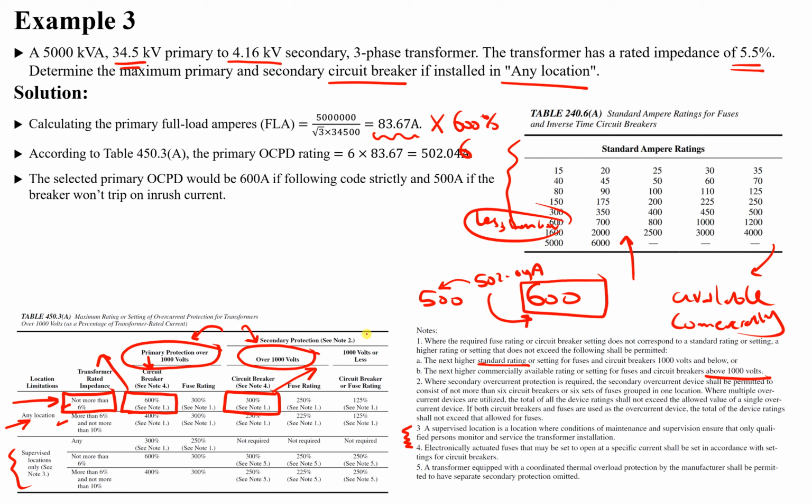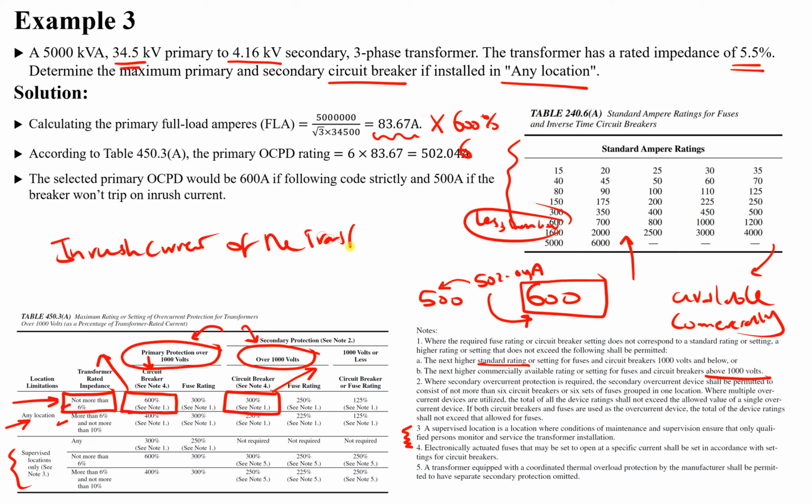And this is pretty important: what can help me decide if 500 is sufficient or not? Remember, all of these oversized values, 600%, 300%, 400% and more, are because of the inrush current of the transformer.